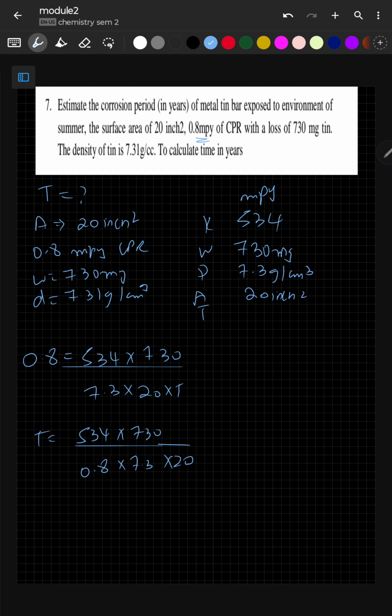So I'm getting 337.5 hours divided by 365 into 24. I told you the logic for that. So then I am getting the answer as 0.38 years. This you understood how I did for this. 1 year will have 365 into 24 hours. So this many hours will have how many years? Cross multiplication. That's it.